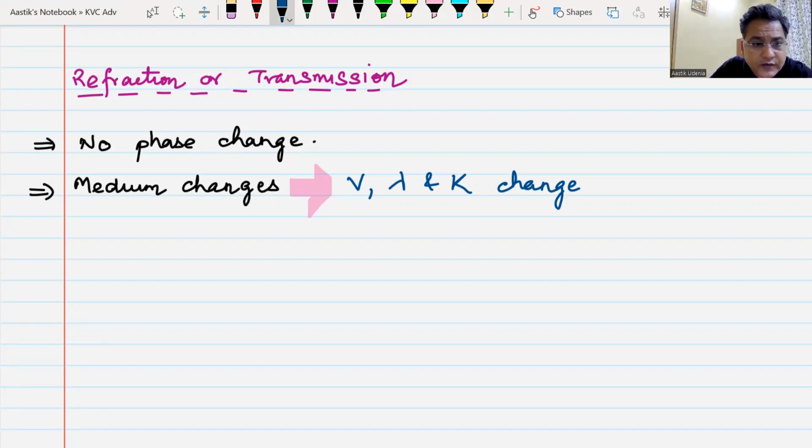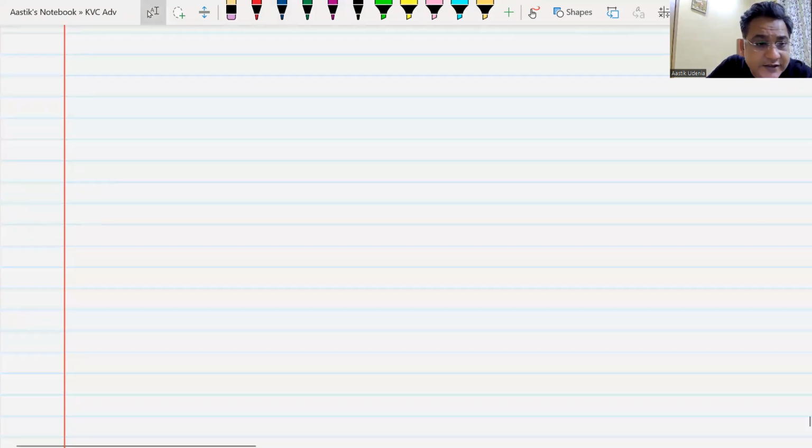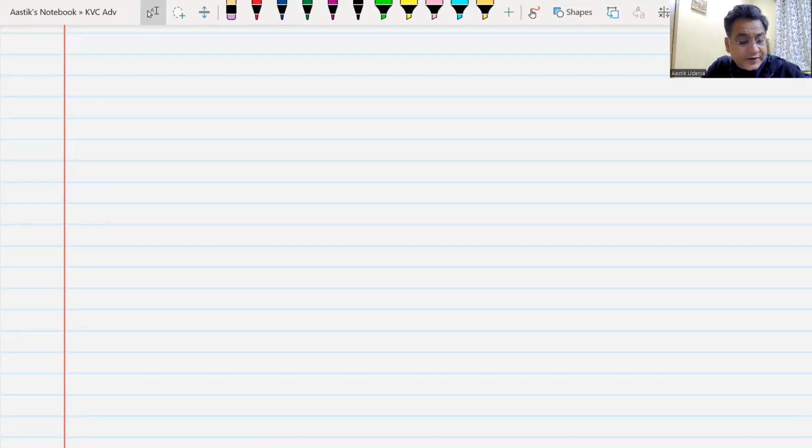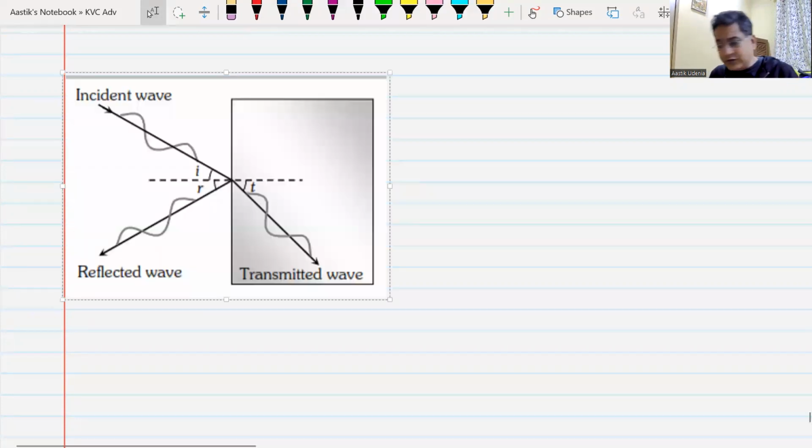Now, if we take reflection and refraction together and see this diagram, here they have shown an incident wave traveling into a different medium. Remember, whenever we talk about reflection and refraction, no wave is completely reflected and no wave is completely refracted.